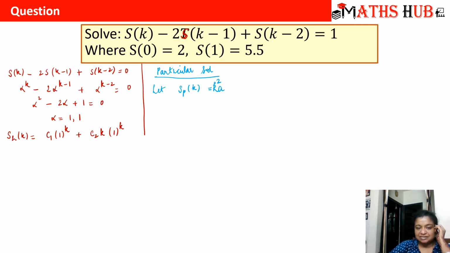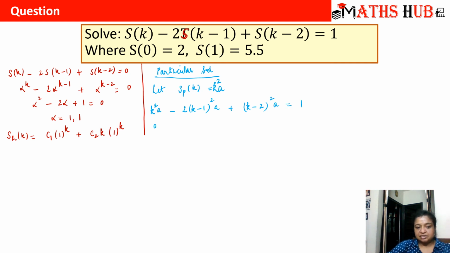So the term is s_k. So s_k will become k square A, minus 2 times s_(k-1) will become k minus 1 whole square into A, plus s_(k-2) will become k minus 2 whole square into A, is equal to 1.